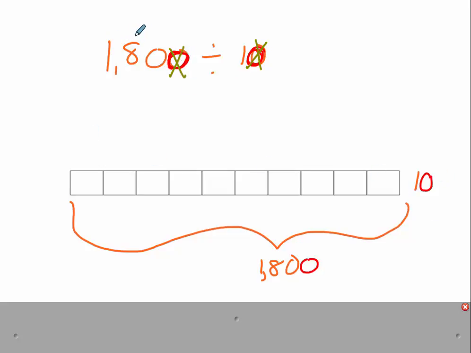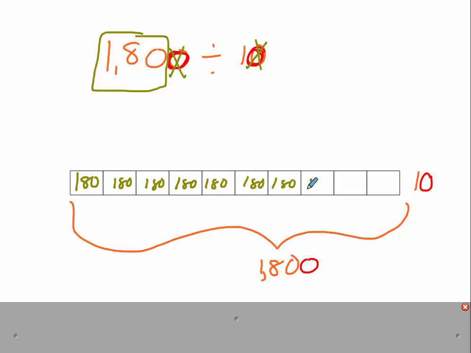So this right here says there's 180 in every one box. So right away we know 180 in every box. Let me write those out. Okay, great. Alright, let's go ahead and move on to the next slide.